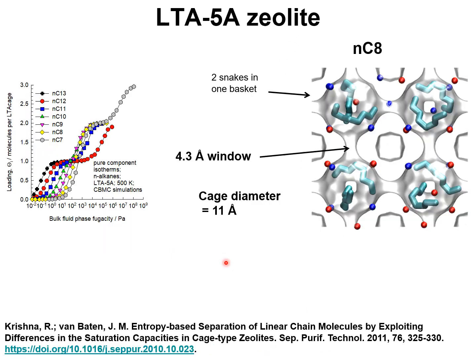I begin by explaining the concept of entropically based adsorptive separation for dewaxing by looking at the adsorption of linear alkanes with varying chain lengths in LTA-5A zeolite that consists of cages of a diameter of approximately 11 angstrom.